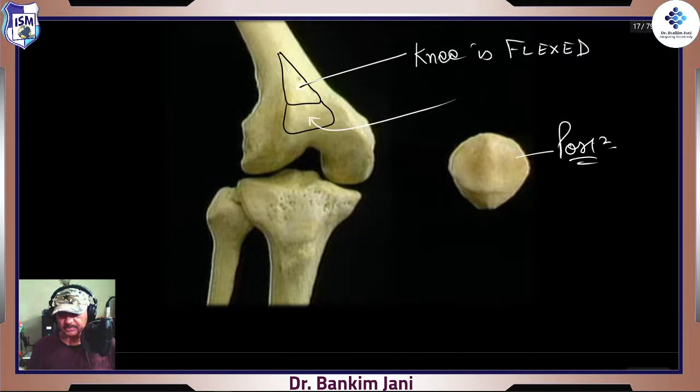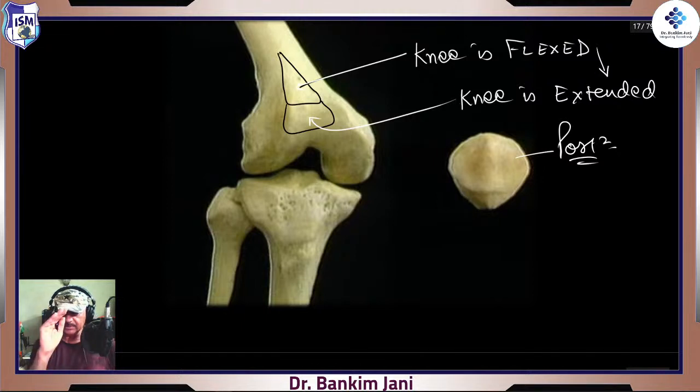That's the location when the knee is extended. So do remember that when the knee is extended, this patella will be moving slightly down, right? It means it will be with the condyles.